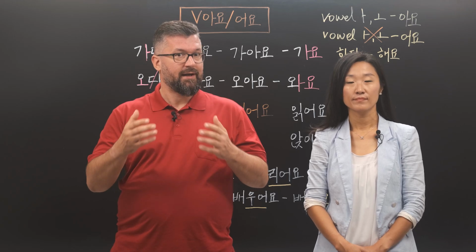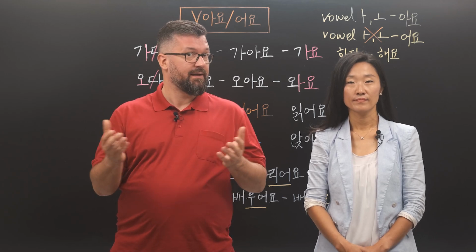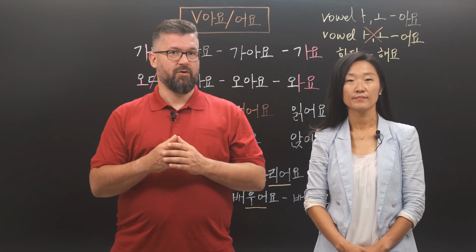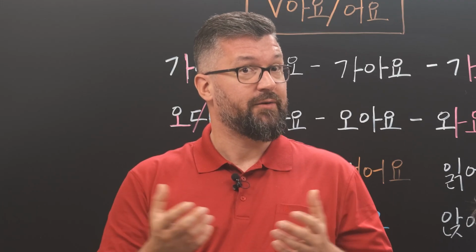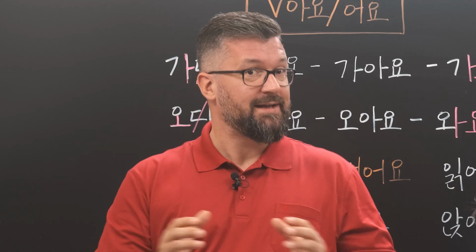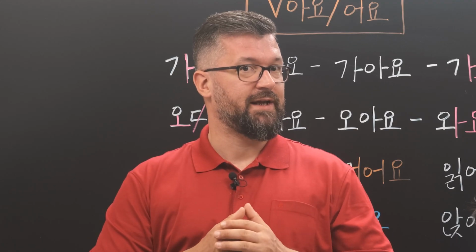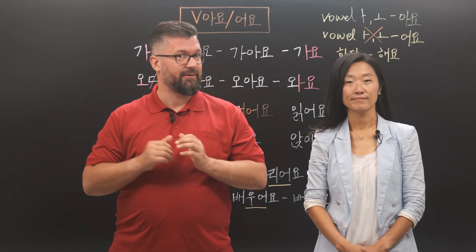Instead, 좋아하다 functions as a normal verb, not a hada verb. It ends in hada, but it's not a hada verb. You can learn more about the exception for irregular verbs and adjectives ending in hada by checking out our playlist on irregular Korean verbs and adjectives. Not now, but sometime later during your Korean language learning.